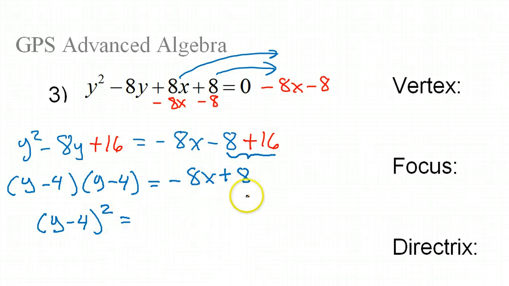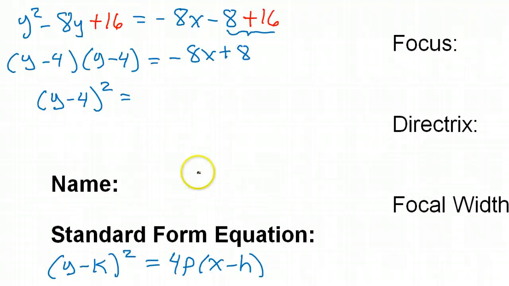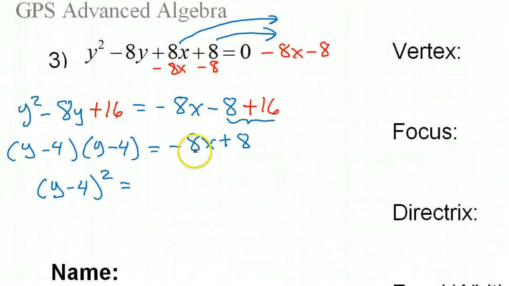Now, remember we need parentheses over here as well. We're going to get that by factoring out a common factor of negative 8. So I'm going to bring the negative 8 out, and that's going to leave on the inside x minus 1.